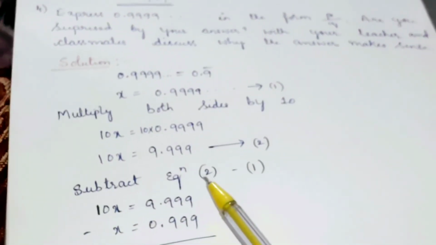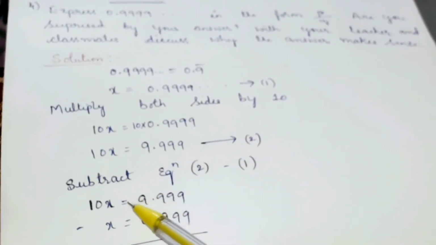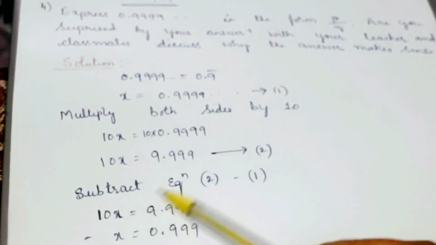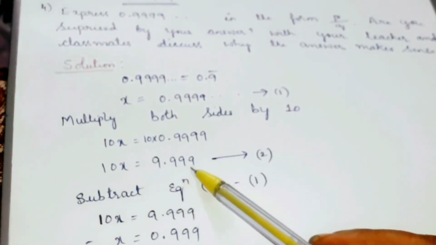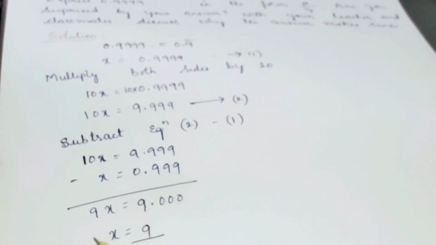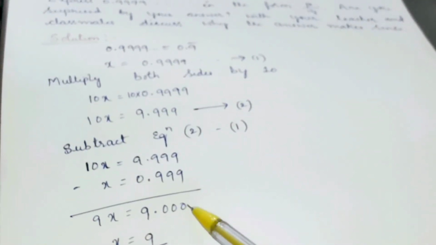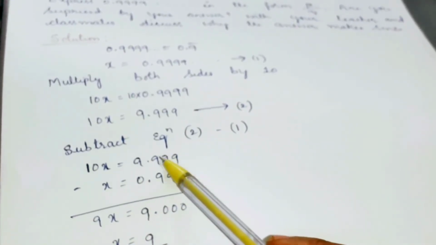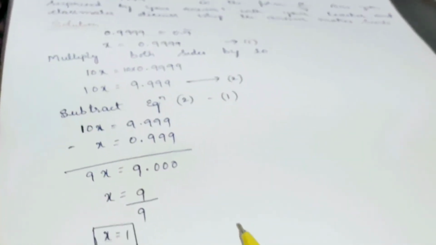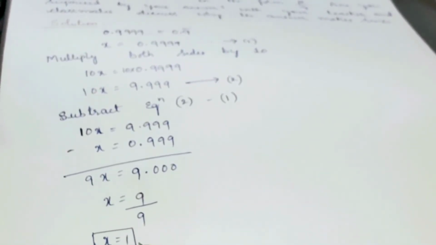Same procedure, subtract equation 2 minus equation 1, that is 10x minus x and 9.999 minus 0.999. You will get 9x is equal to 9.000. Here x is equal to 9 divided by 9, that is x is equal to 1.